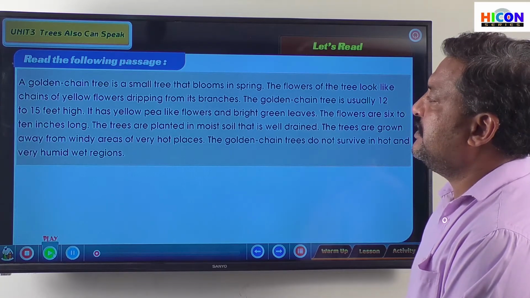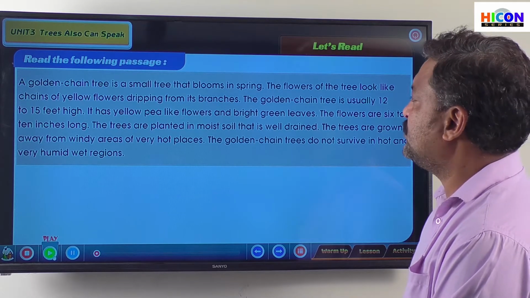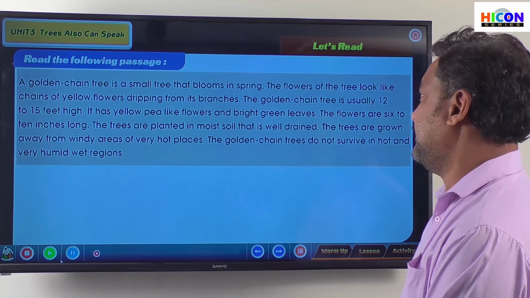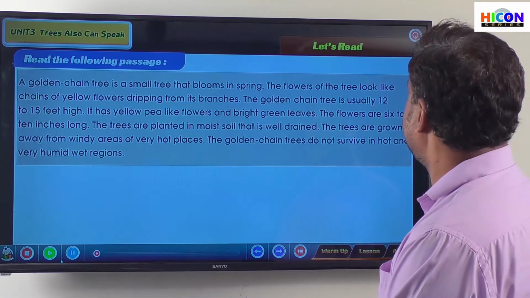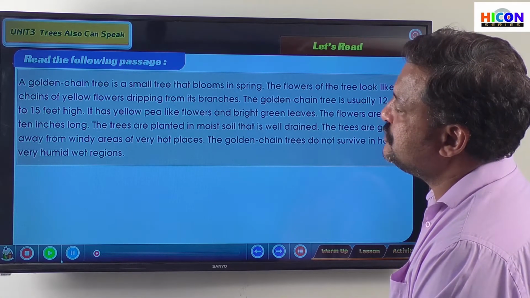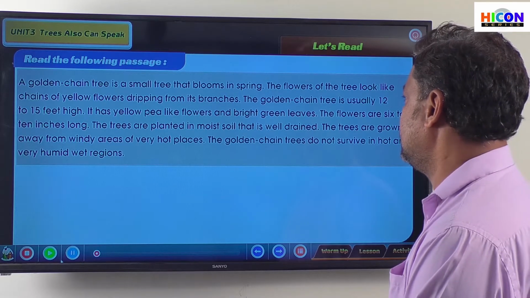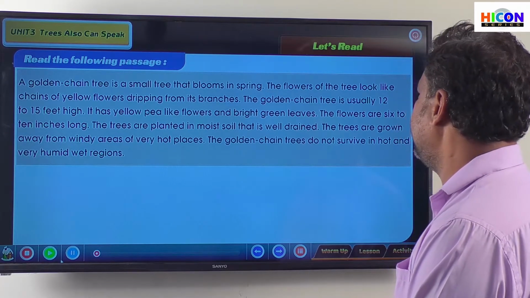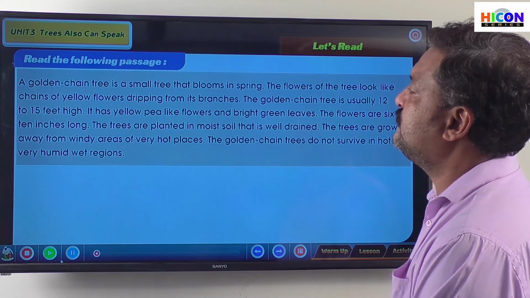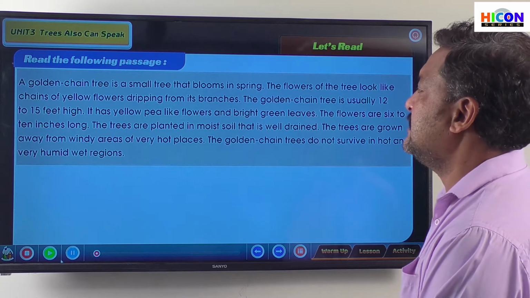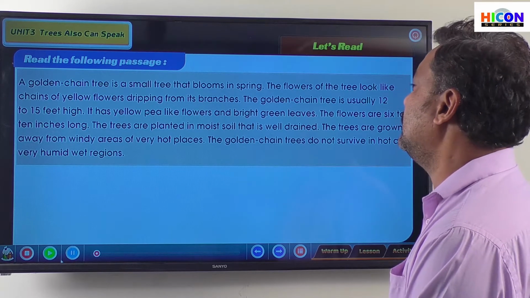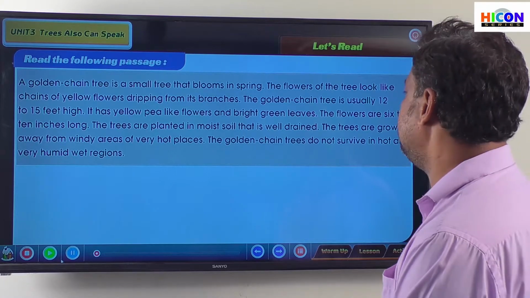A golden chain tree is a small tree that blooms in spring. The flowers of the tree look like chains of yellow flowers dripping from its branches. The golden chain tree is usually 12 to 15 feet high. It has yellow pea-like flowers and bright green leaves.